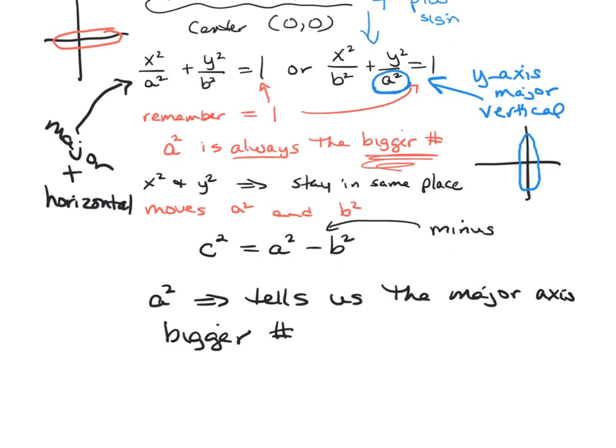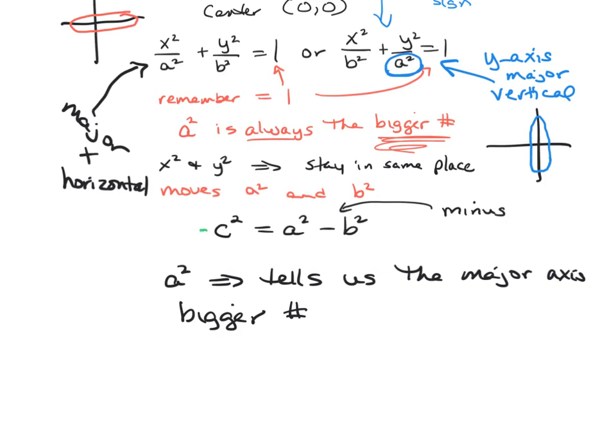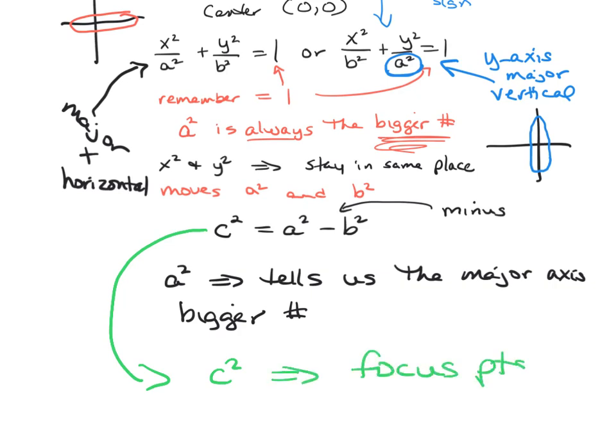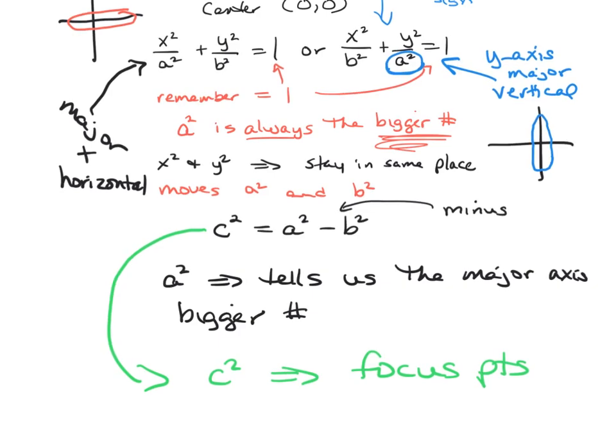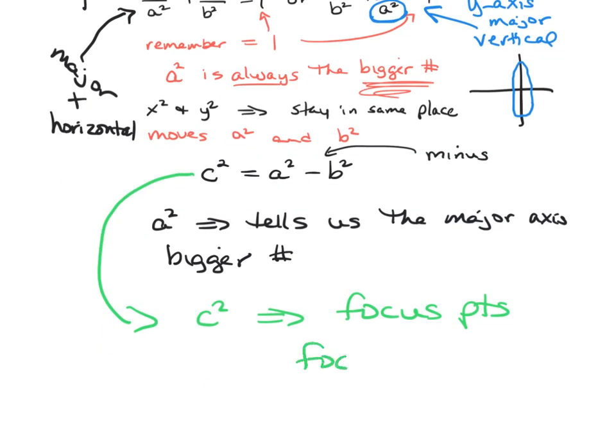All right, so this formula here, the c squared is going to help us find the focus points, or the foci. Remember, your foci are always on the major axis.